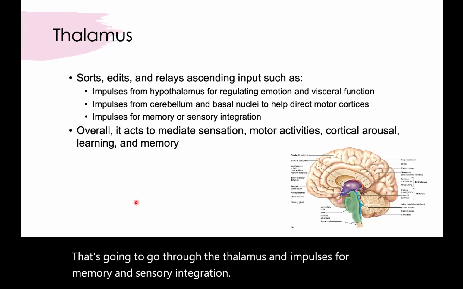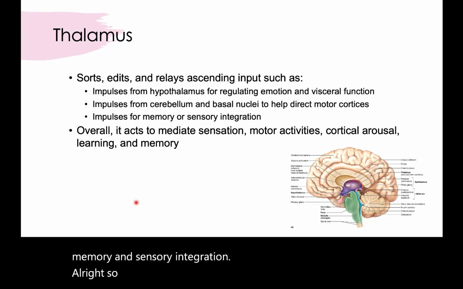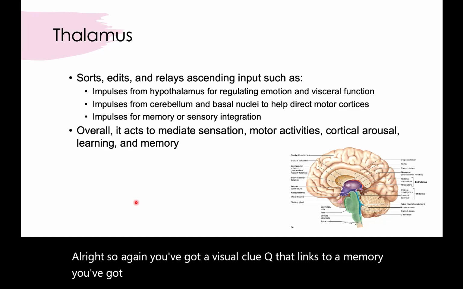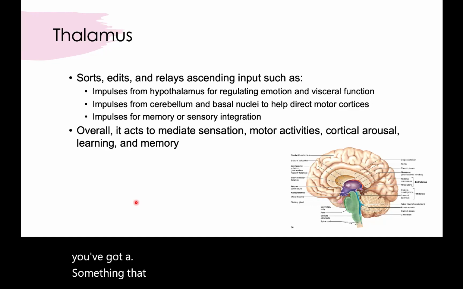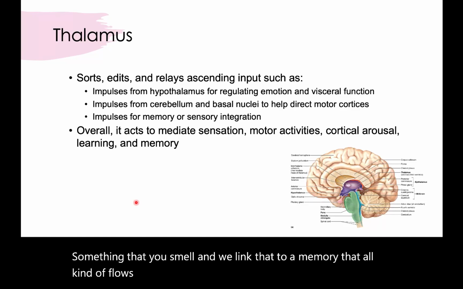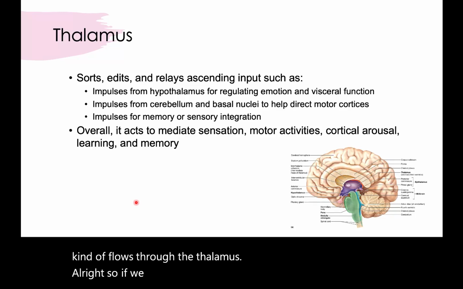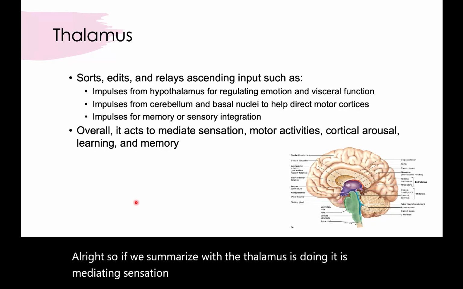So again, you've got a visual cue that links to a memory. Something that you smell, and we link that to a memory. That all kind of flows through the thalamus. So if we summarize what the thalamus is doing, it is mediating sensation, motor activity, cortical arousal, learning, and memory.